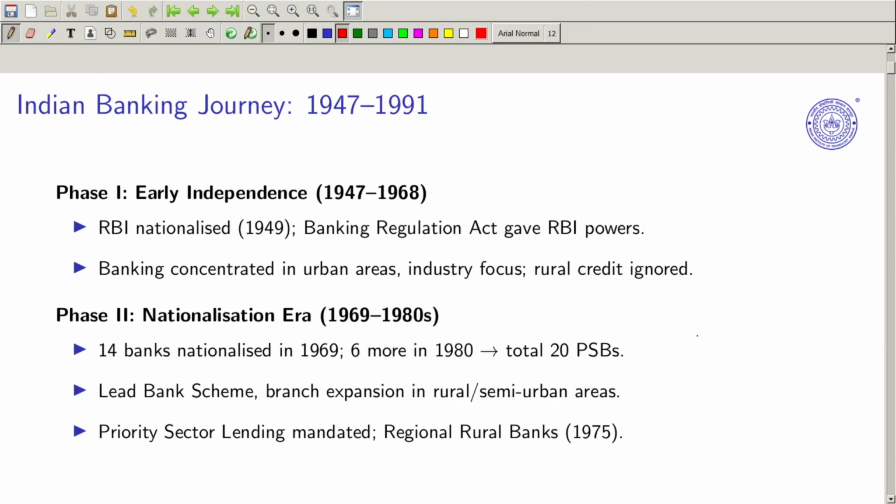It was some kind of financial repression, wherein banks were told to keep an extra amount of money as reserve. So if you deposit 100 rupees, then banks were told to keep at least 60 rupees in the form of cash reserve ratio, which I will come back to later, cash reserve ratio, or even the statutory liquidity ratio.